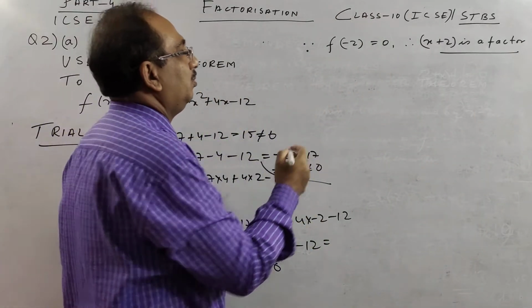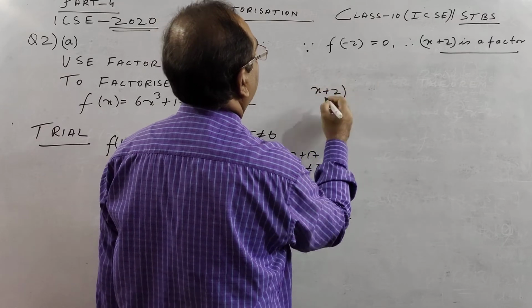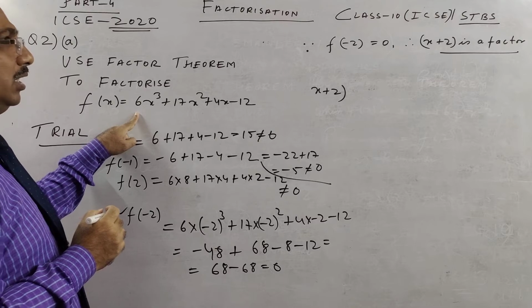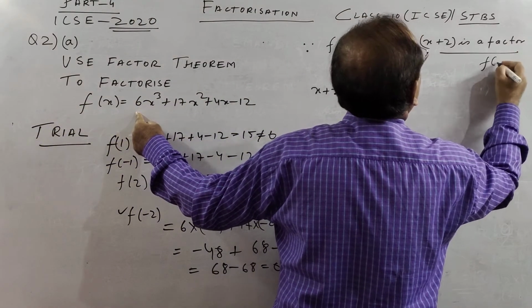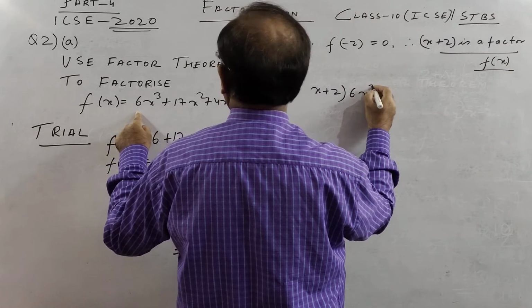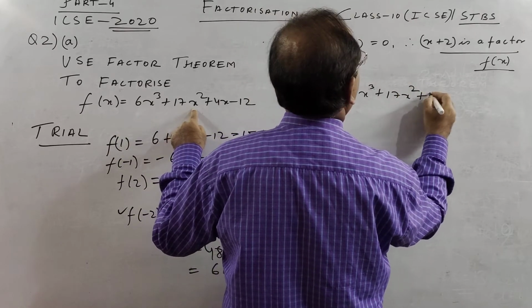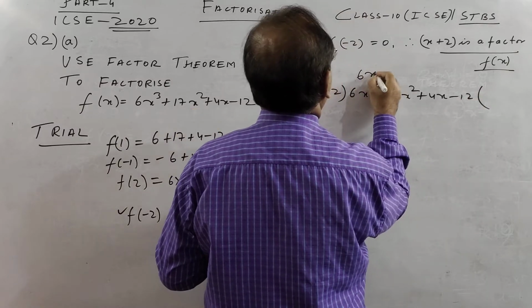So what we do, we get the first factor. Now we divide the given expression f of x by x plus 2. So let us see, we get 6x square.